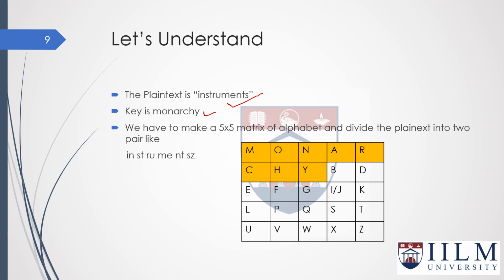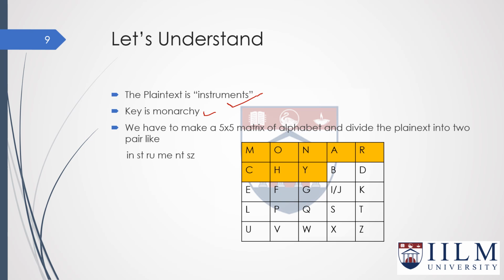Monarchy is the key. So in a 5 cross 5, 25 places, let's place the keyword one by one, letter by letter, from the starting cells.